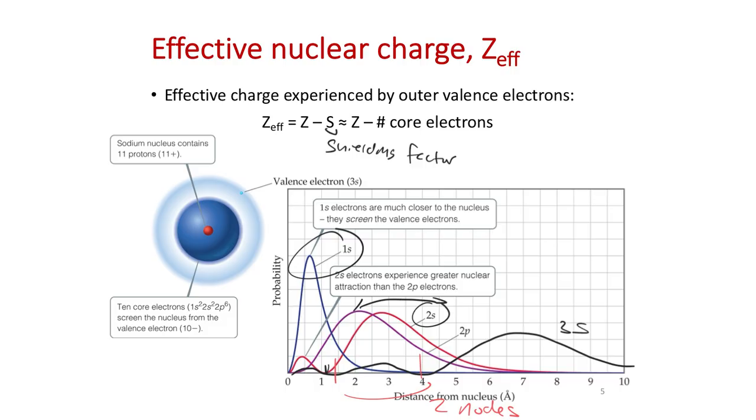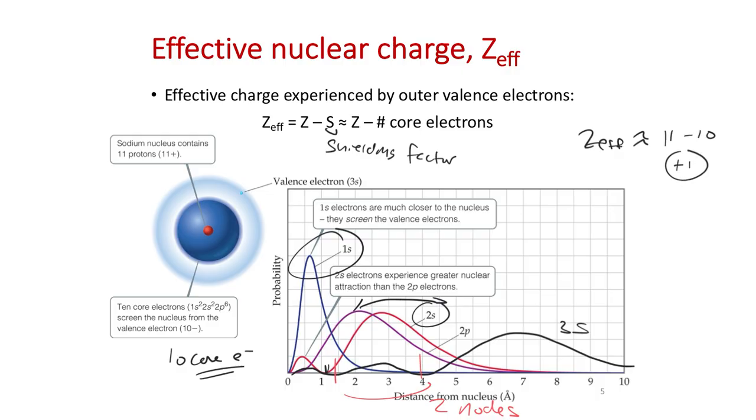So one way to approximate Z effective is to take the nuclear charge and subtract the core electrons. If we go back to sodium as our example, we have 10 core electrons. Our approximation is 11 protons in the nucleus minus 10 core electrons, equal to plus 1.